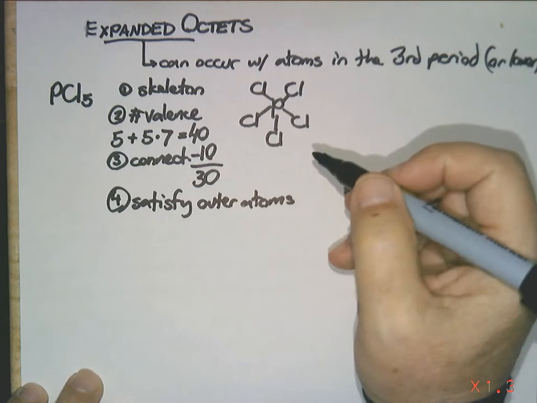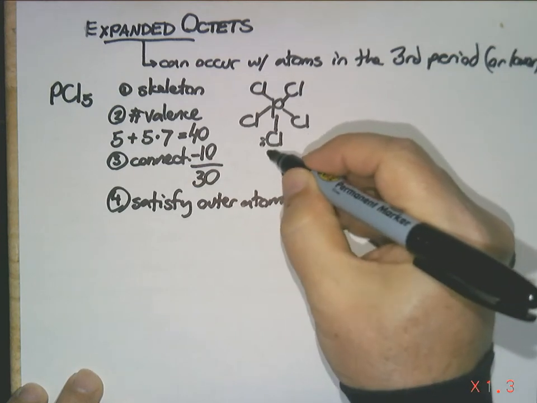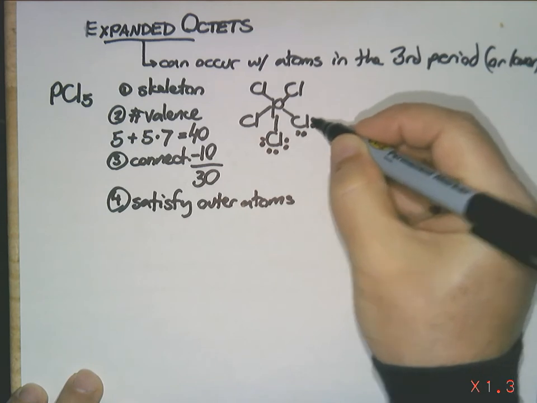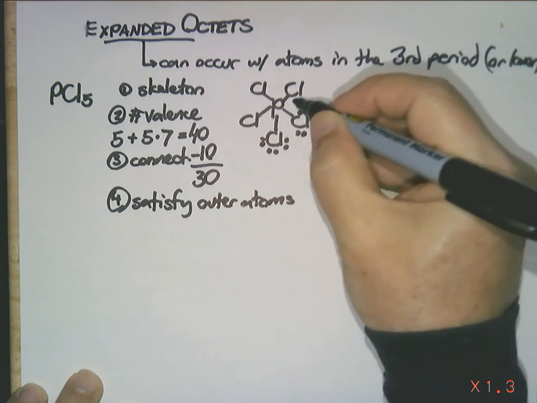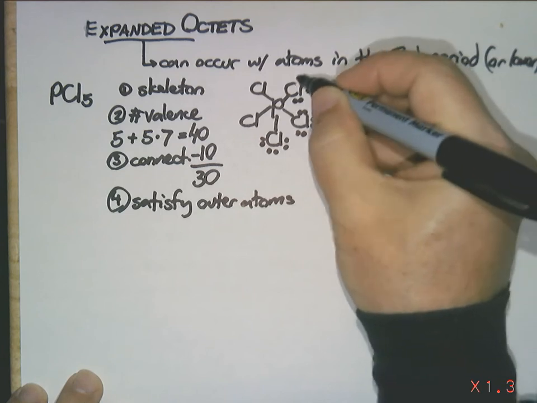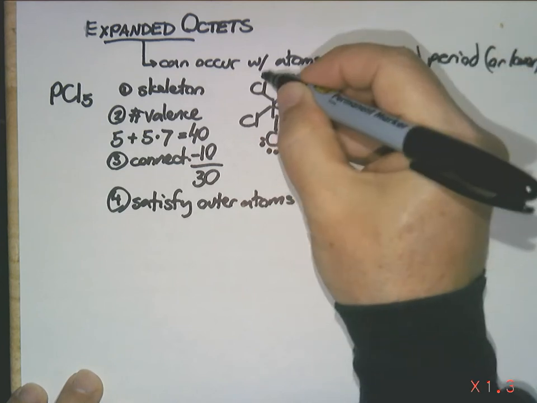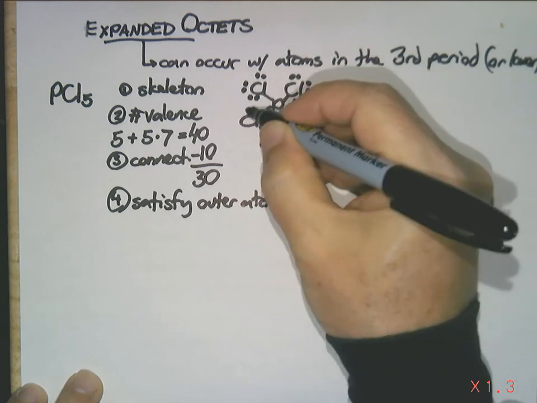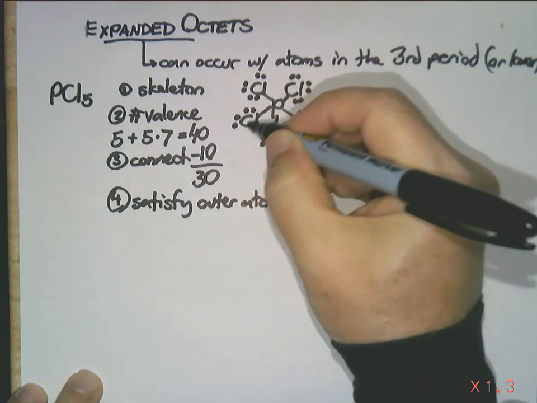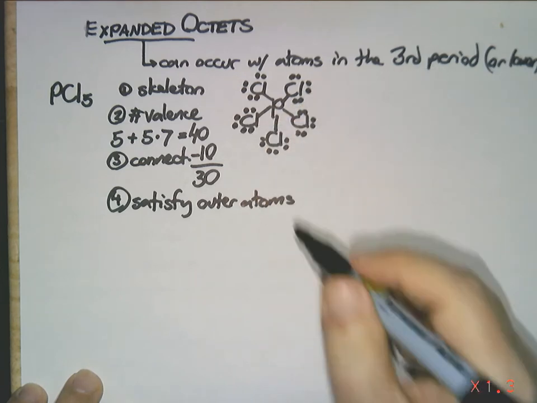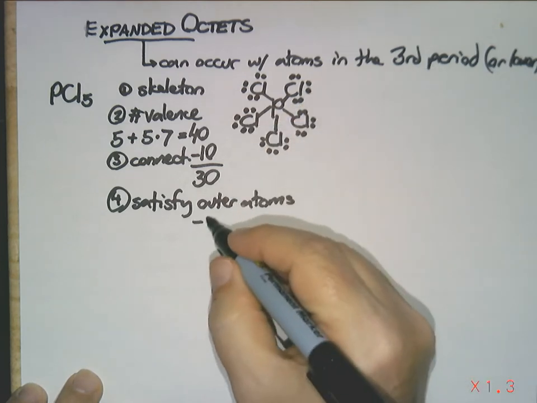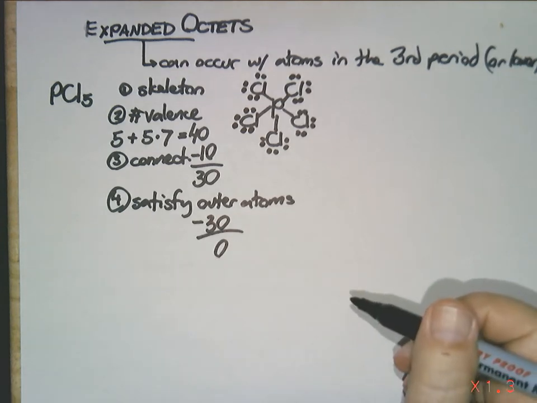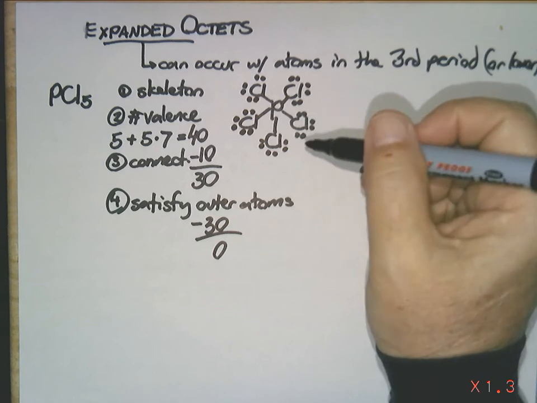So each one wants 6 more. 1, 2, 3, up to 30. Perfect, because I used up the last 30 electrons and I have none left now. So each of those outside chlorines is satisfied.